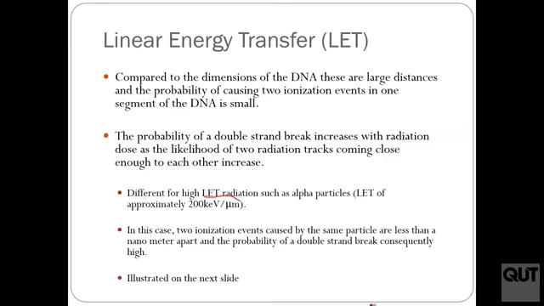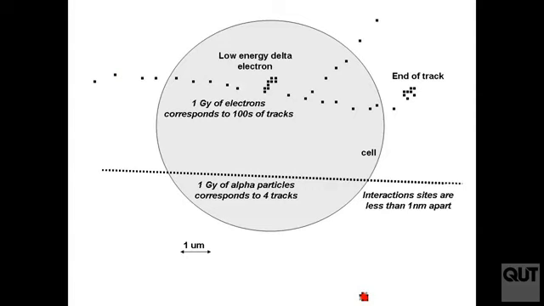Alright, so here we have a drawing of a cell, and we have two radiation tracks here. So we've got a low energy one up the top, and a high LET one down the bottom.